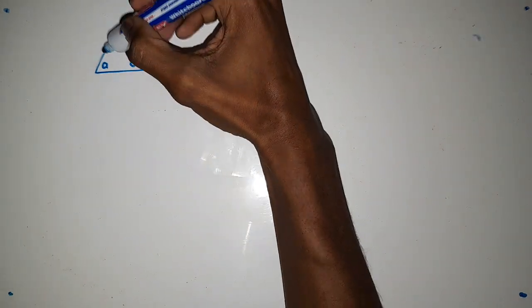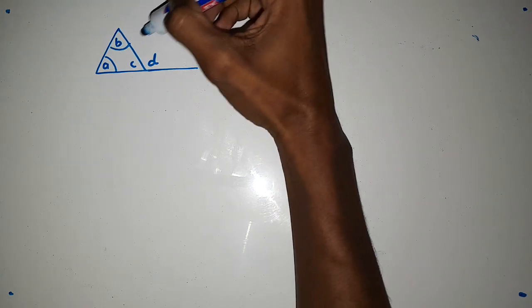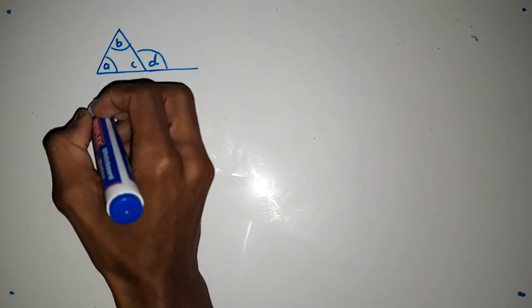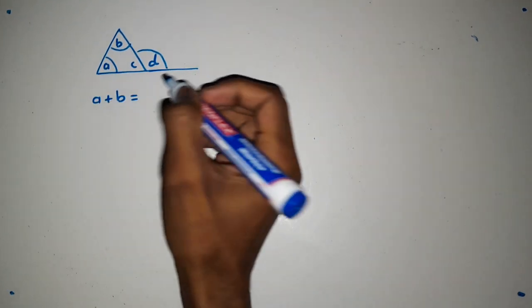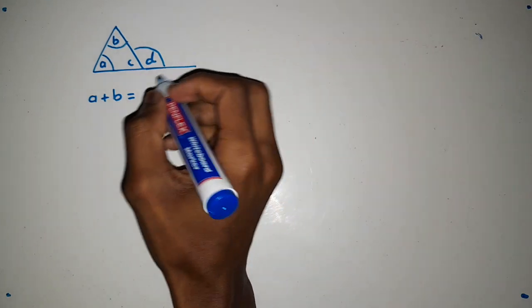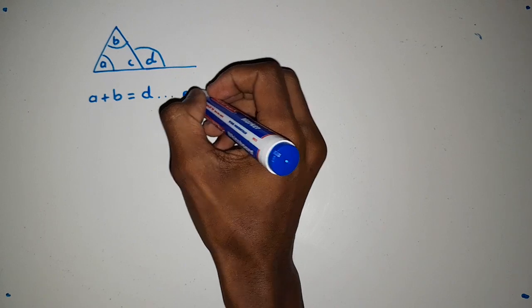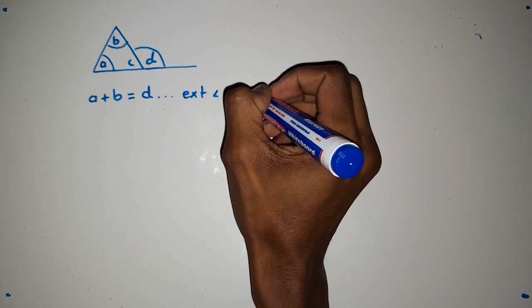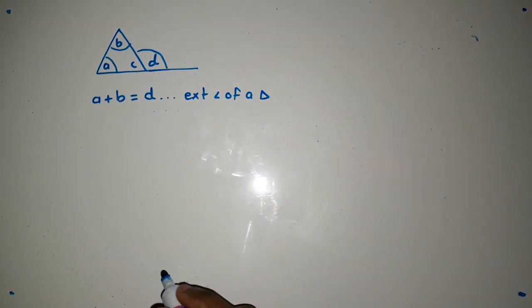Don't be afraid. You see these two angles? A plus B, they are going to equal angle D. For such, we say the exterior angle of a triangle.